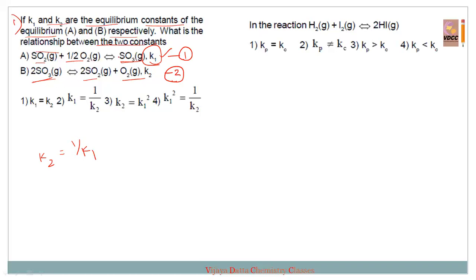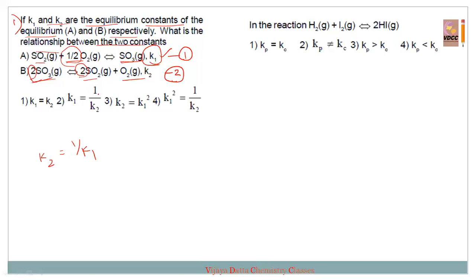And see, here SO3 has only 1 mole, but here it is 2 moles. Whereas SO2 is 1 mole here, but here it is 2 moles. Here oxygen's number of moles is 1, but here it is half. So what they did, they multiplied with 2. So the second reaction they multiplied with 2.